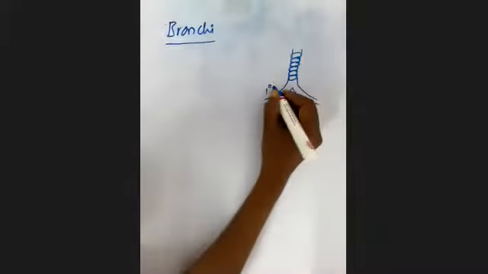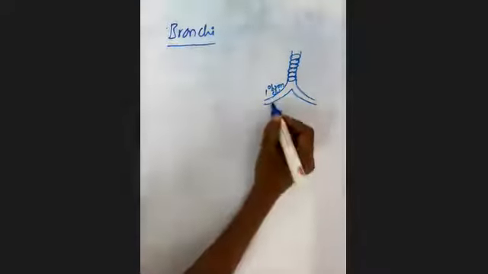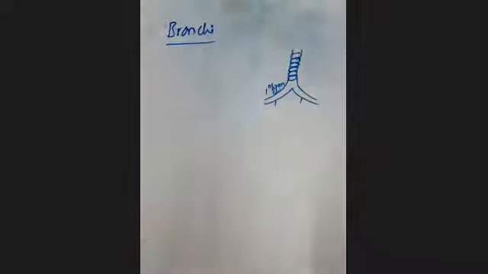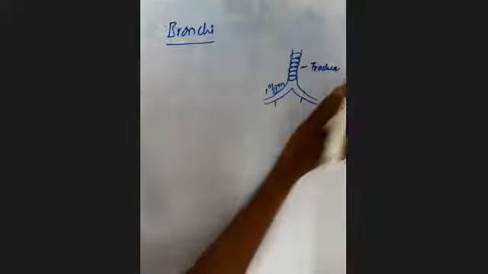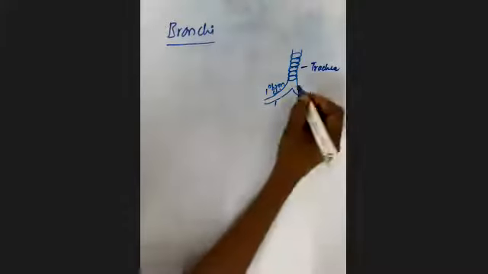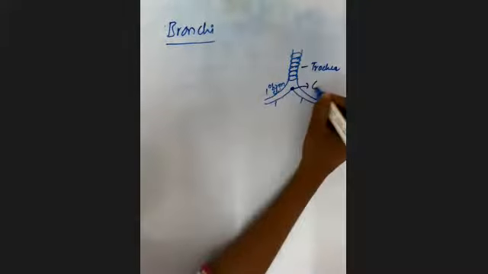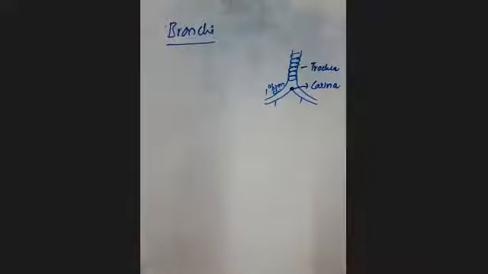Clear? The trachea branches into the right and left primary bronchi mainly at the carina. The part where the trachea branches into the right and left primary bronchi, you will call it the carina.